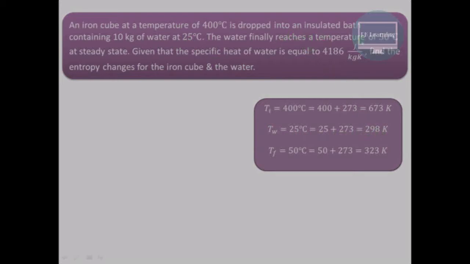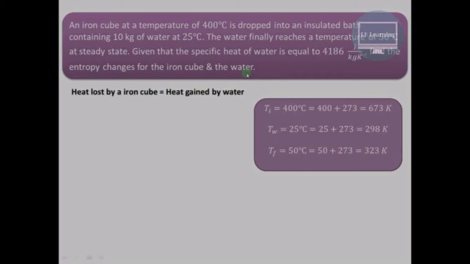The final temperature obtained after the steady state is achieved is 50 degrees centigrade. So 50 plus 273, that is 323 Kelvin. The specific heat of water in this case is 4186 joule per kg Kelvin, and we have to find the change in entropy for the iron cube and for water.